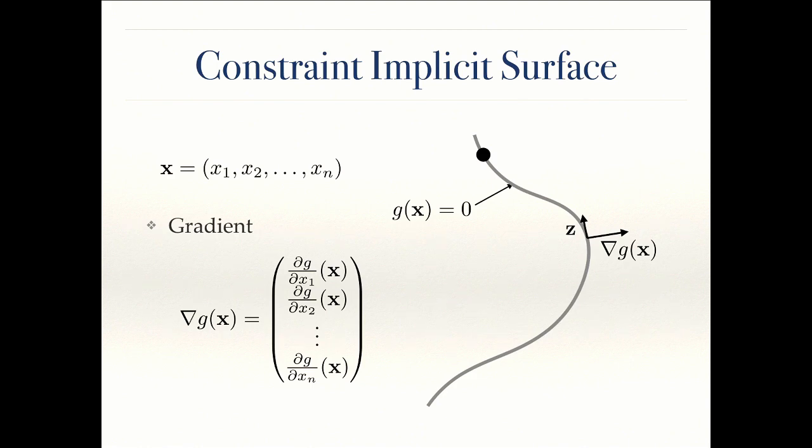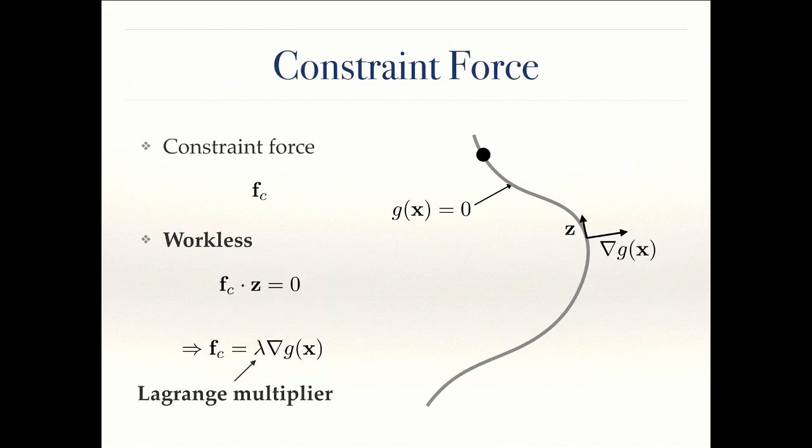And it has a geometric significance. The gradient is always going to be pointing normal to the constraint surface. I've drawn that as a picture there. And therefore, it's going to be perpendicular to a tangent to the surface, which I've labeled z. So z is tangent to the surface, and the gradient of g is normal or perpendicular to the surface.